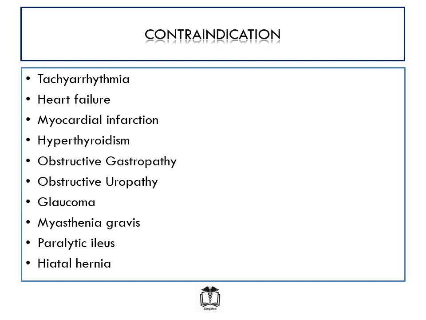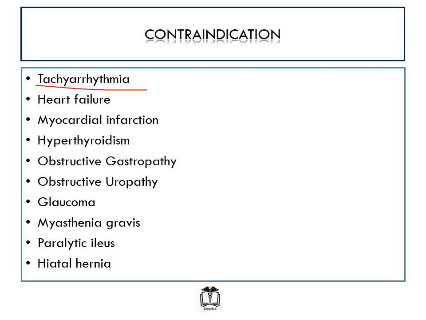So the contraindications for cholinergic antagonists are conditions for which we should never prescribe cholinergic antagonists. So things like tachyarrhythmia. Remember that we give cholinergic antagonists for people that have sinus bradyarrhythmia. So people that are tachyarrhythmic are going to have their conditions worsened if we give them cholinergic antagonists.